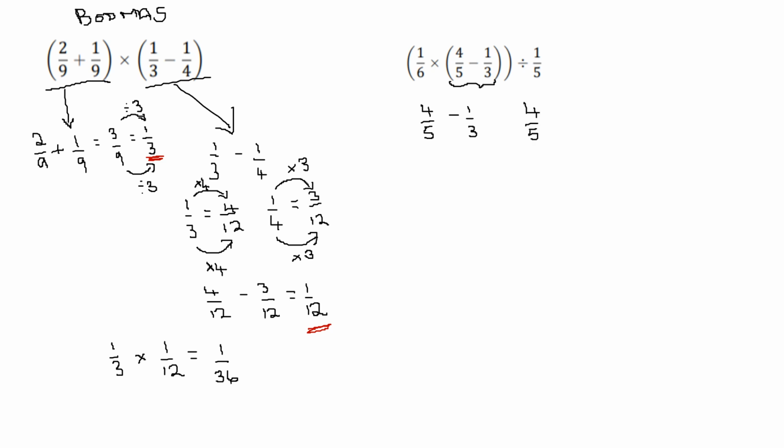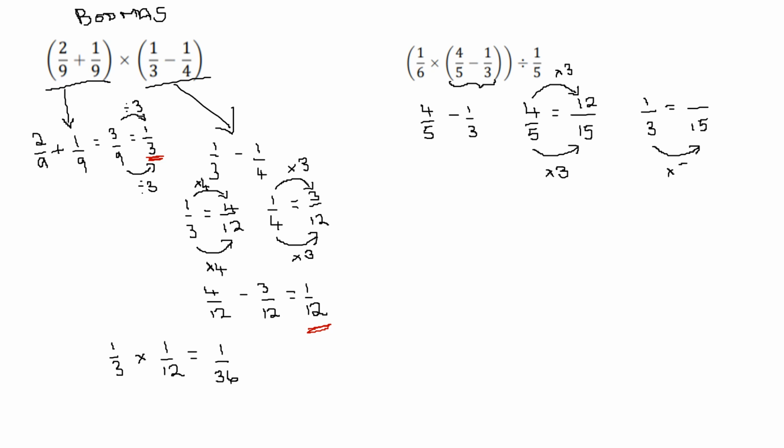So we're going to have 4/5, and we want to turn that into 15ths. So we're going to multiply both the numerator and the denominator by 3, and that's going to give me 12/15. And then I've got 1/3, and I also want to convert that into 15ths.